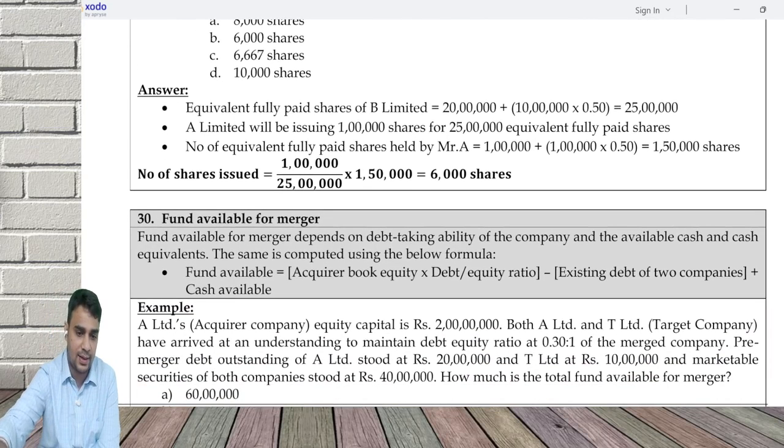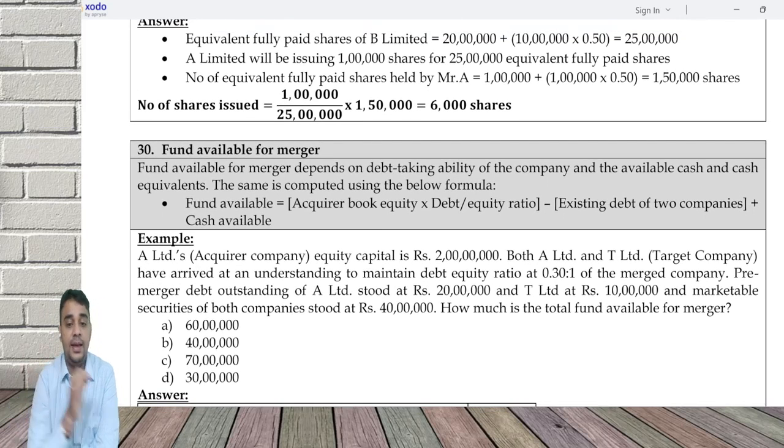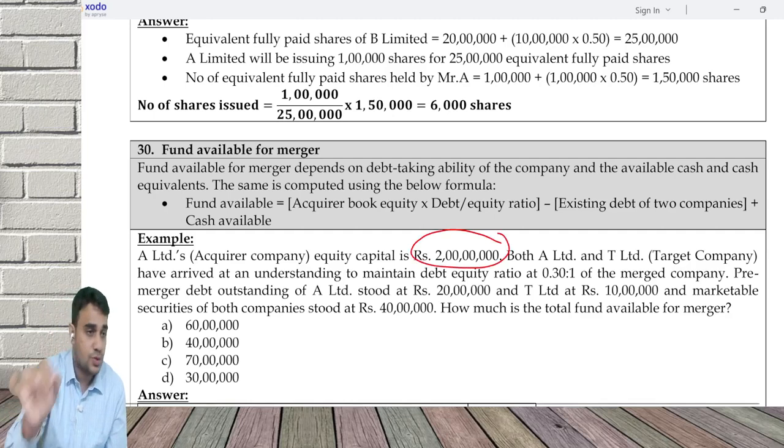Now, how do I calculate this? Let's understand this. A Limited has an equity capital of 2 crore. Both A and T have arrived at an understanding that the debt equity ratio should be 0.3:1 of the merged company. Pre-merger debt in A is 20 lakh, T is 10 lakh. How much is my equity capital? 2 crore.